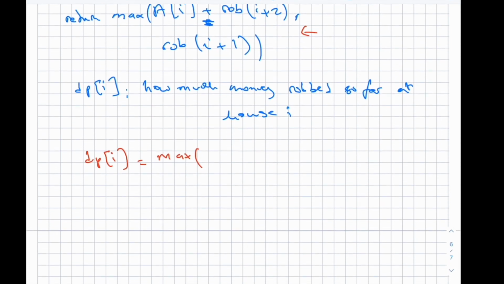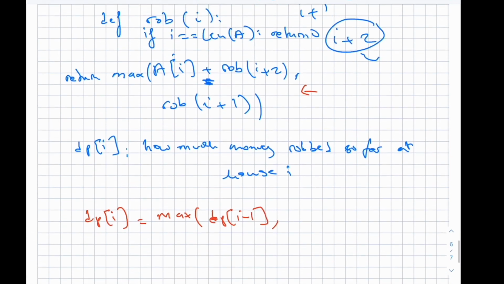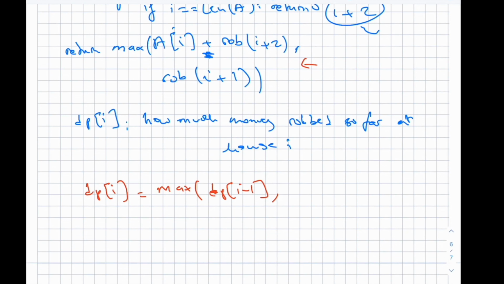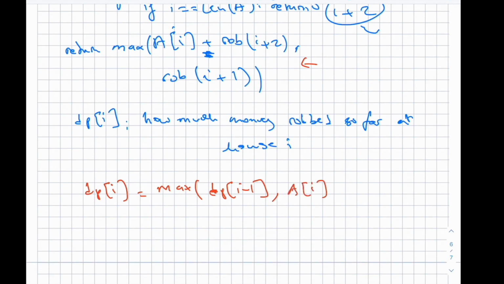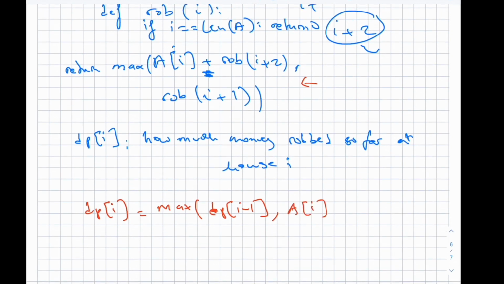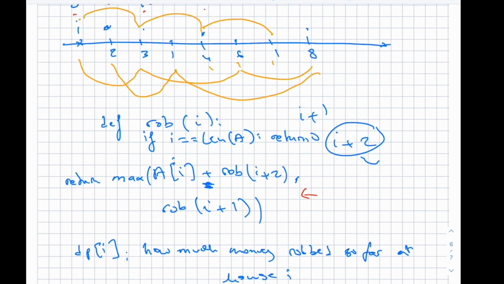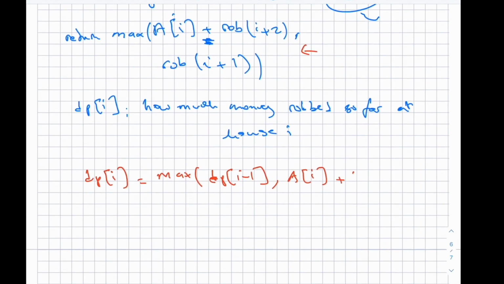And so that would be dp of I minus 1. And then the second option is taking the value at I, but then in that case, you can't take at I minus 1. You take the one before, because we can't take adjacent one, so dp of I minus 2. Okay, so that would be our recurrence relation.